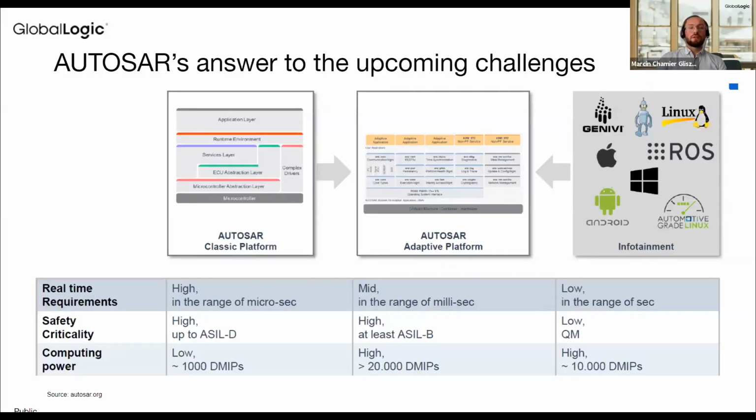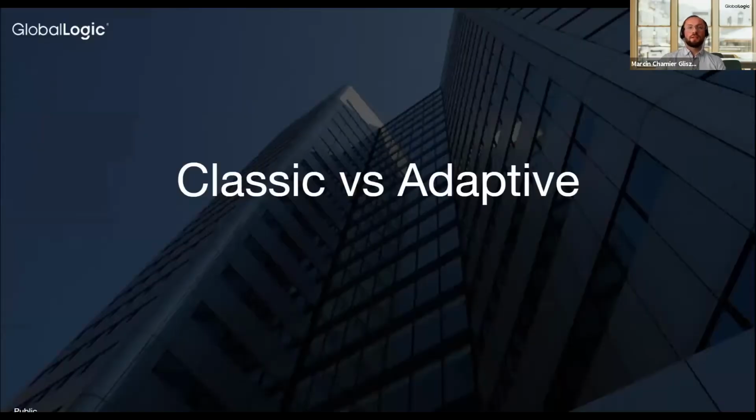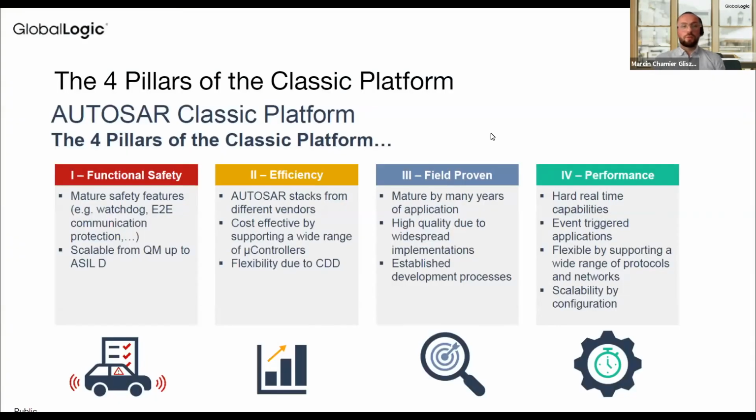So what are the differences between the classic and adaptive platform? So the 4 pillars of the classic platform. The classic platform is already quite well developed, it's mature, and all those functionalities are well tested in the field already. So it is functional, safe, efficient, and has high performance in real-time capabilities.